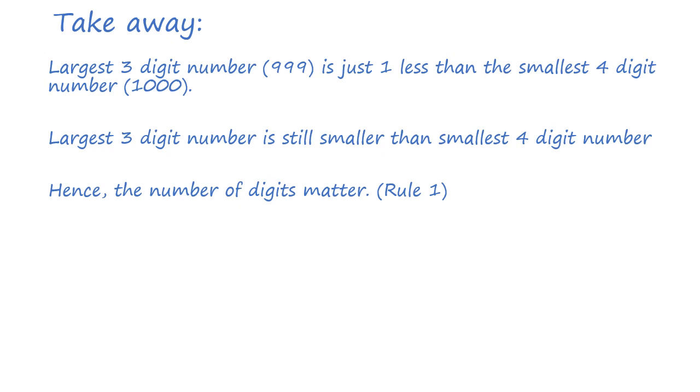And if you think a little bit, this also kind of explains rule number 2. Rule number 2 says that when two numbers have the same number of digits, the number with a larger leftmost digit will be the larger number. So let's take these numbers 999 and 1000, and I mean it's not correct, but let me write 999 as a 4-digit number.